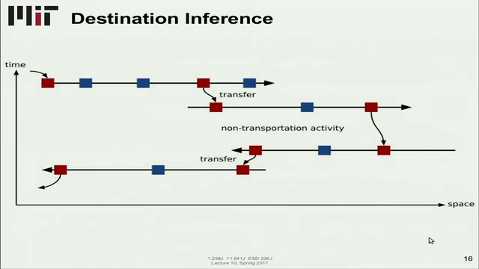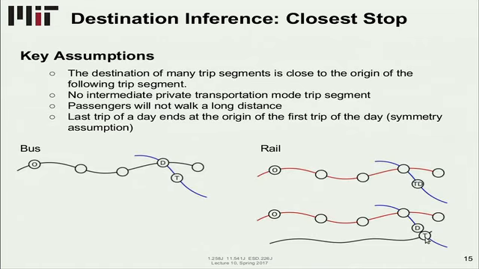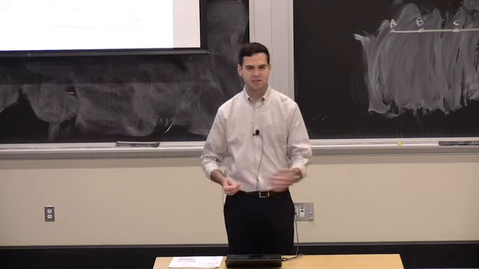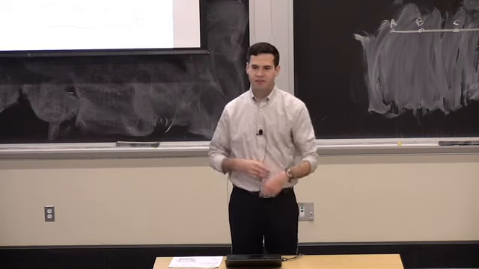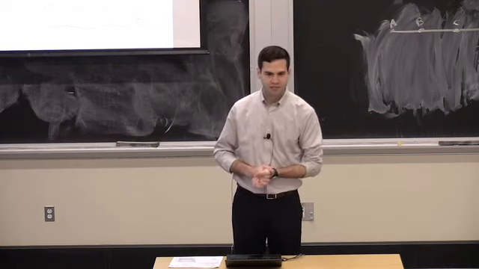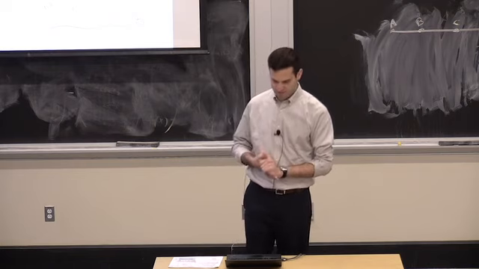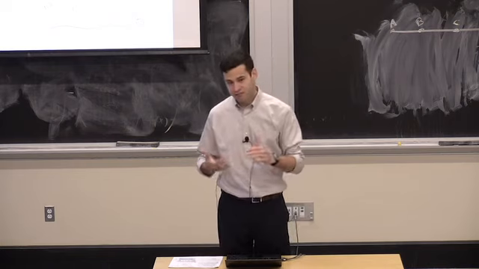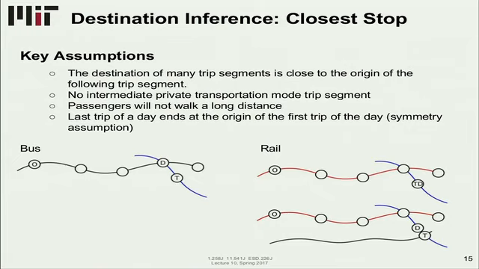We don't know that yet, but we observe that the next tap is at a bus. Then we find which station on the rail network is closest to that bus stop, and that's the inference. That's the destination. Okay, so this is the simplest method for destination inference. Any questions with the closest stop rule and that inference method?